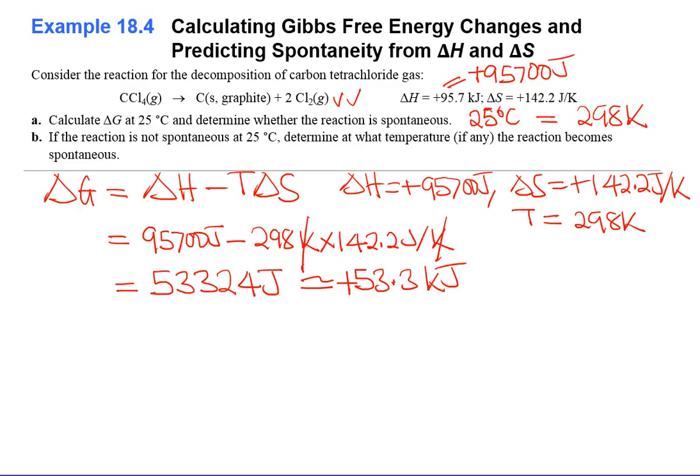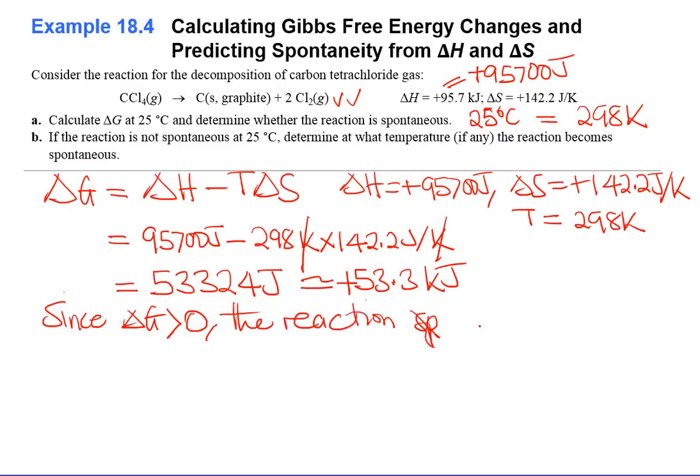So question A says determine whether the reaction is spontaneous. Then you will say that since delta G is greater than 0, the reaction is not spontaneous.